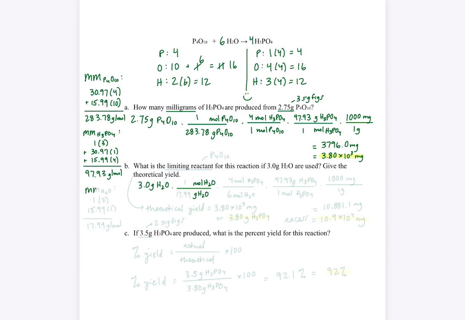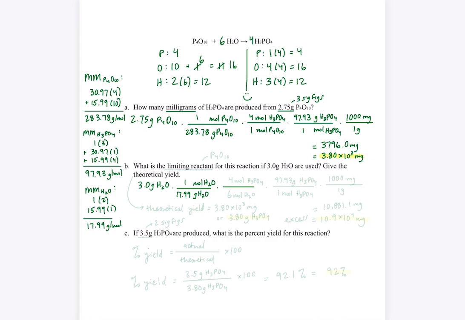The molar mass of water, which we can probably do in our head, is 1 gram for the 2 hydrogen atoms and then the 15.99, which gives us 17.99 grams per mole. And that was just 1 atom of oxygen.